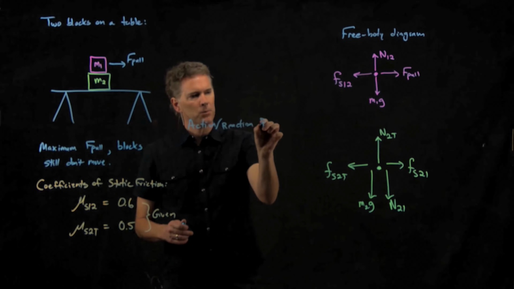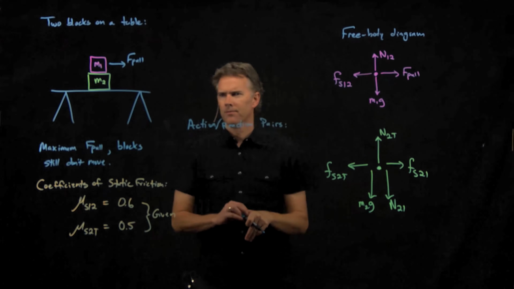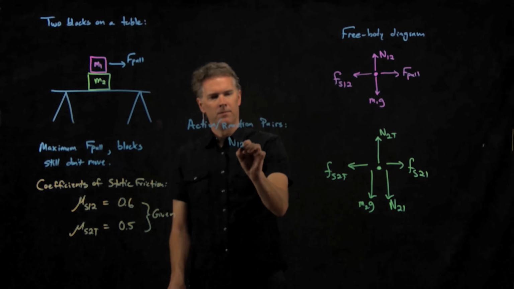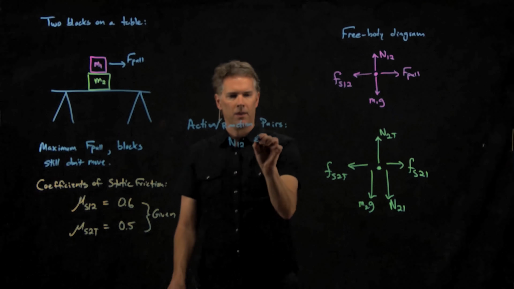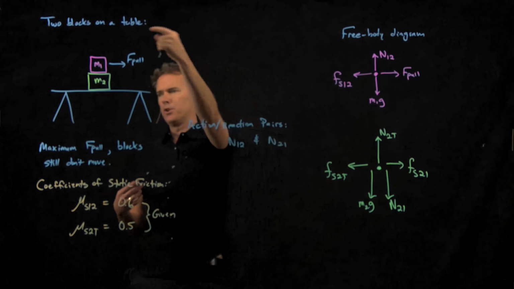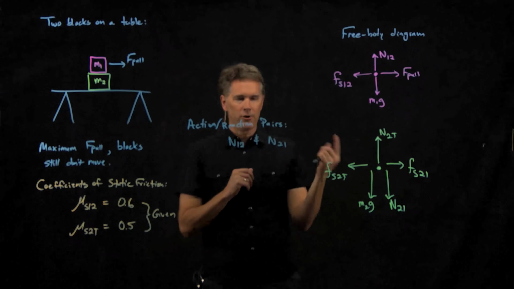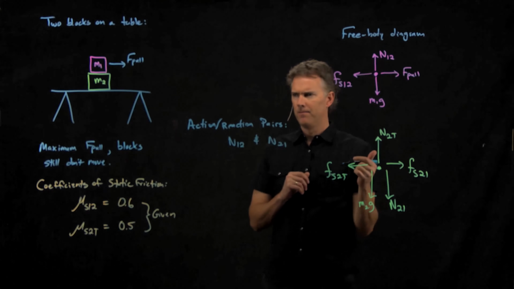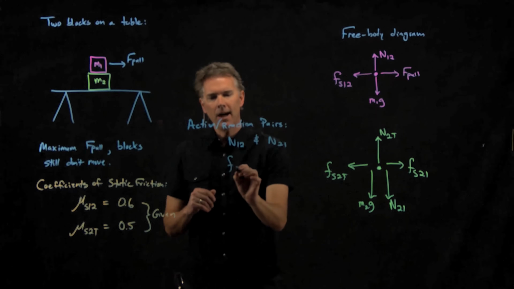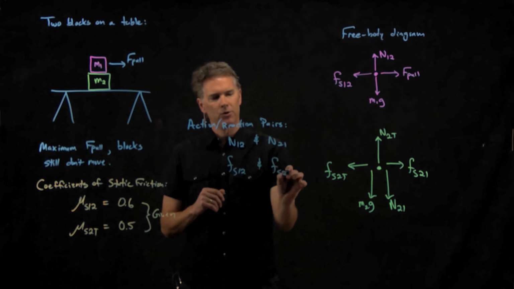So what are the action-reaction pairs that we have just identified? N12 goes with N21. Okay, block 1 is pushing on 2, but block 2 is pushing on block 1. Is there another action-reaction pair that we've identified? Yes, it is FS12 and FS21.